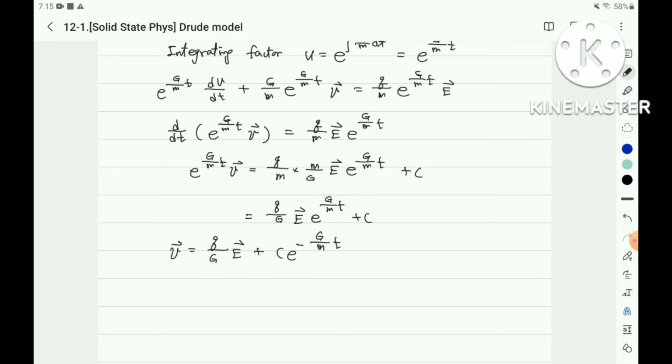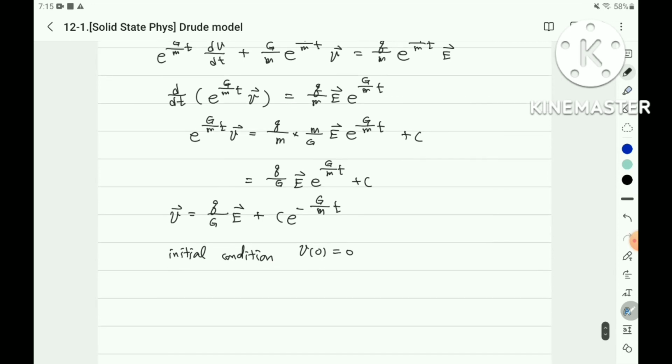And let's choose the initial condition: v0 equals 0, so it starts from zero velocity.